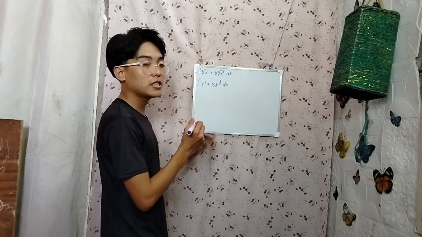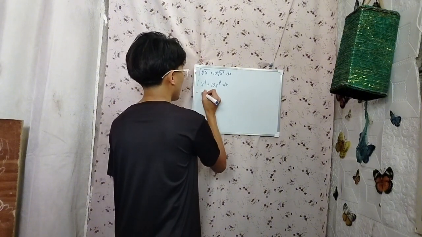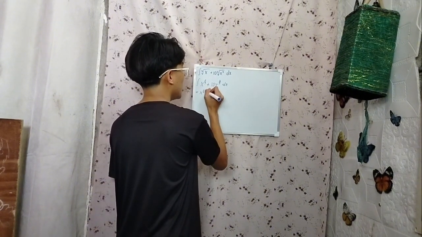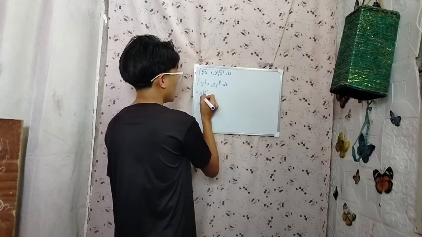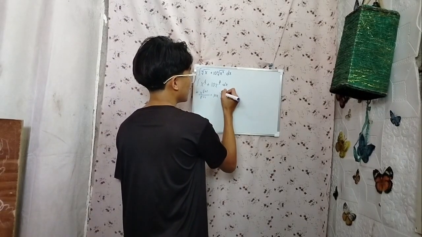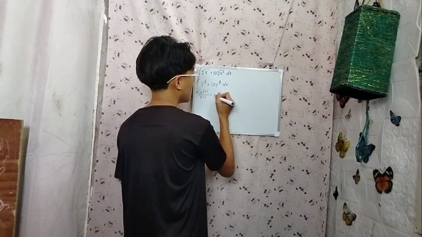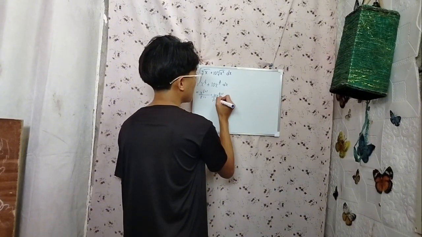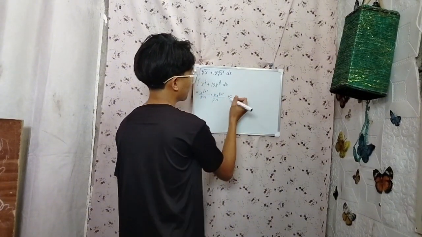Then apply the power rule. So x raised to 1/3 plus 1 over 1/3 plus 1, plus 10x raised to 3/5 plus 1 over 3/5 plus 1, plus c.